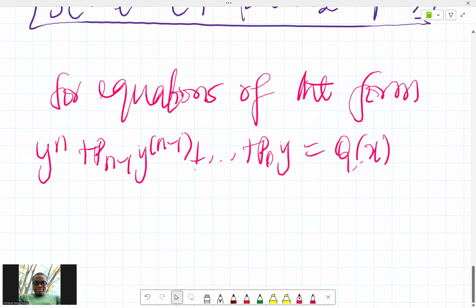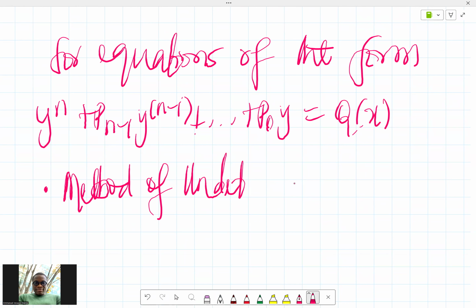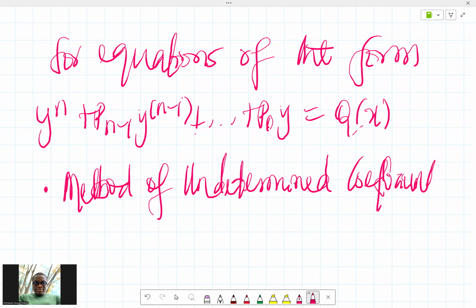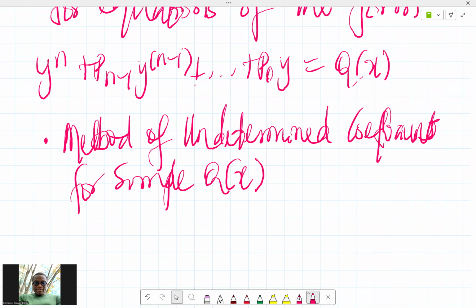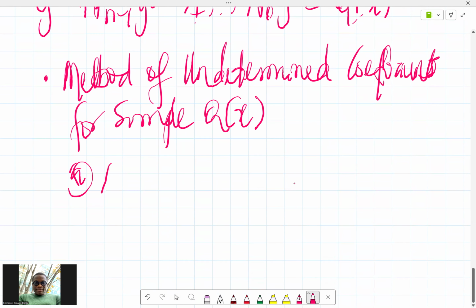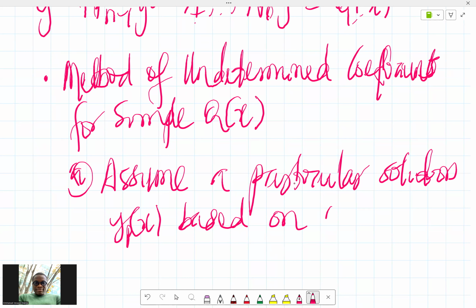So we can use two methods. We have the method of undetermined coefficients for simple q of x. In that case, you assume a particular solution, yp of x, based on q of x.